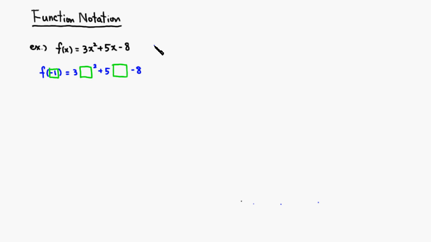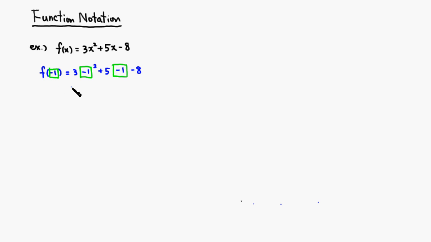If somebody said evaluate f of -1, all you really have to do is put -1 into each box. So you have a -1 here, you have a -1 there.